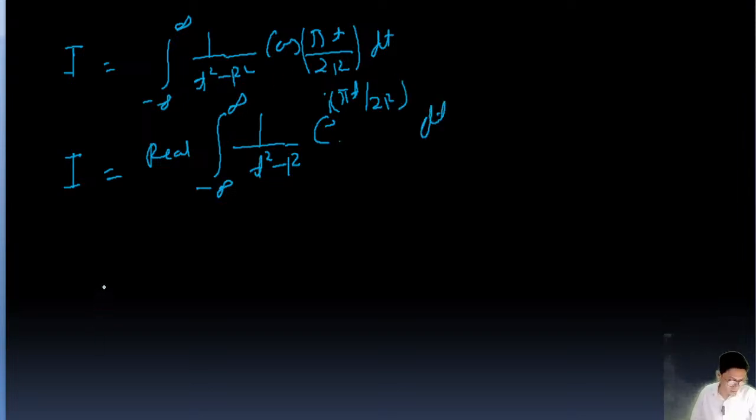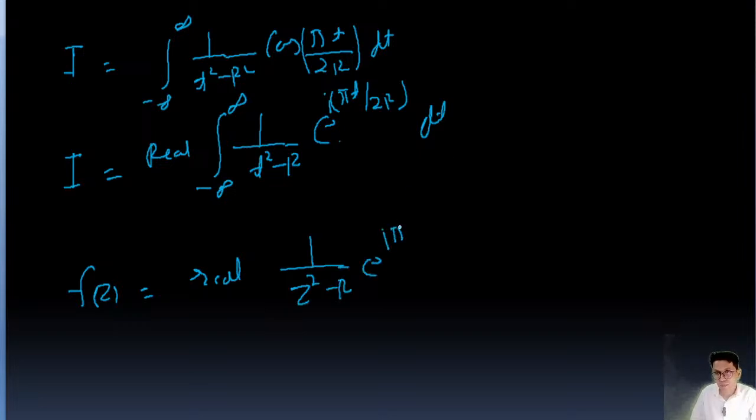Okay, or we can write f(z) equal to real part of 1 upon z square minus r square, e to the power iota pi z upon 2r, right? So now we'll find the pole: z square minus r square equal to 0 implies z equal to plus minus r.